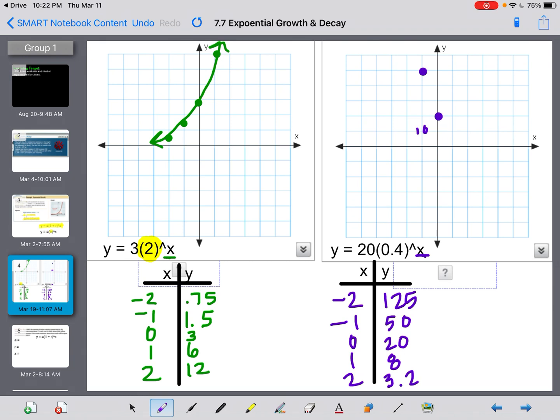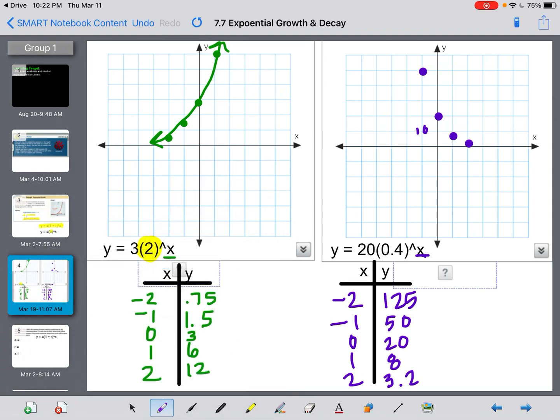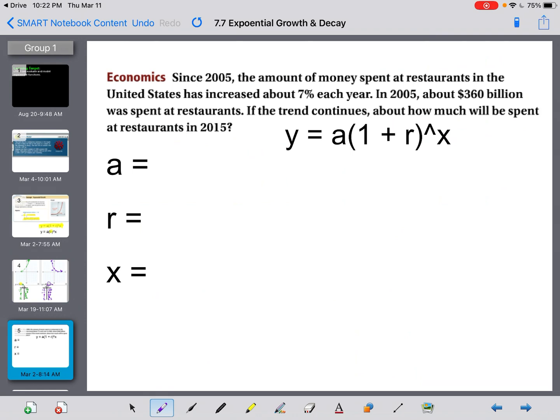Over 0, up 20. Over 1, up 8. Over 2, up 3.2. And then when I connect those, I can see that this is not exponential growth. Definitely coming down because this number is smaller than 1. That's actually called exponential decay, and we'll talk about how you find that tomorrow or in part 2.